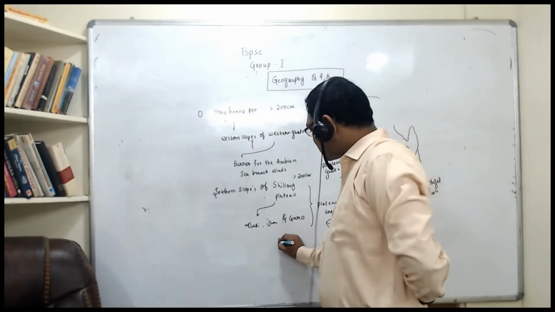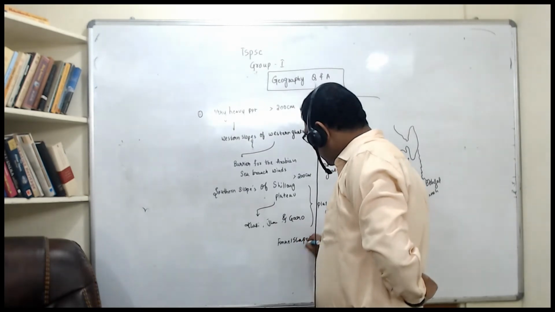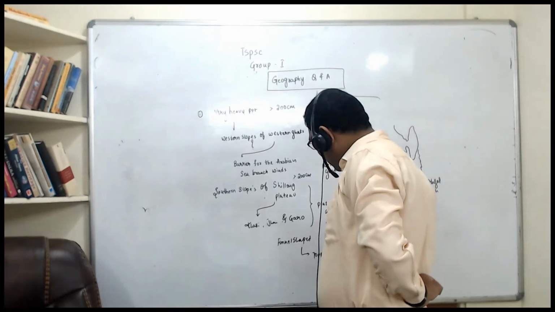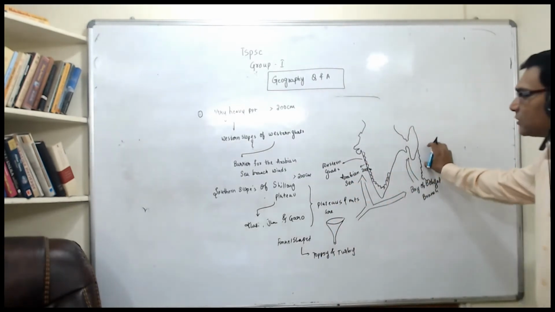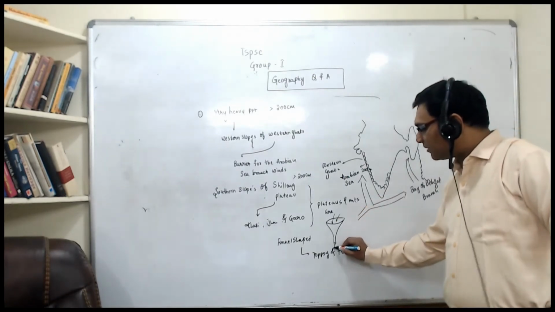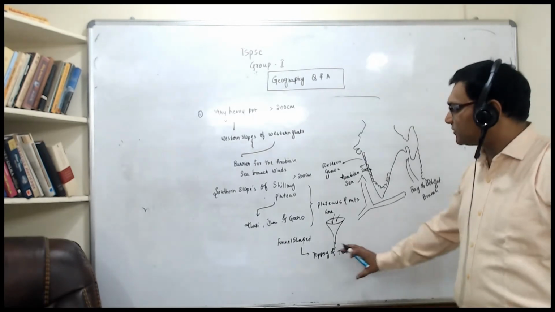Because of the funnel shape, it is topsy turvy. That means winds can enter very easily, but there is only one outlet. Is it clear? There is only one outlet. That's why there is heavy rainfall.